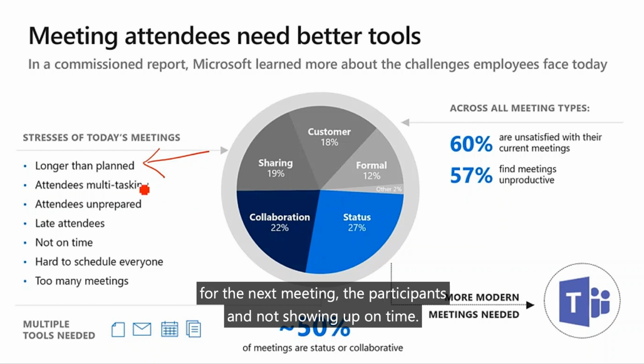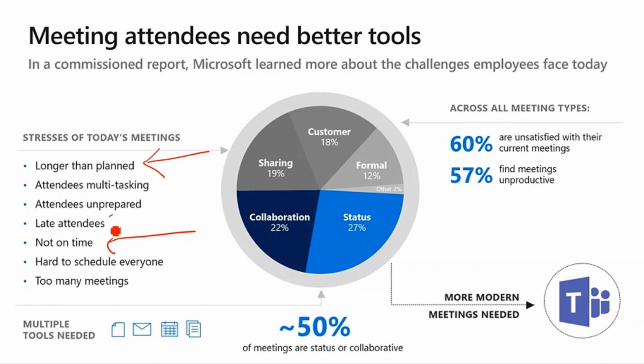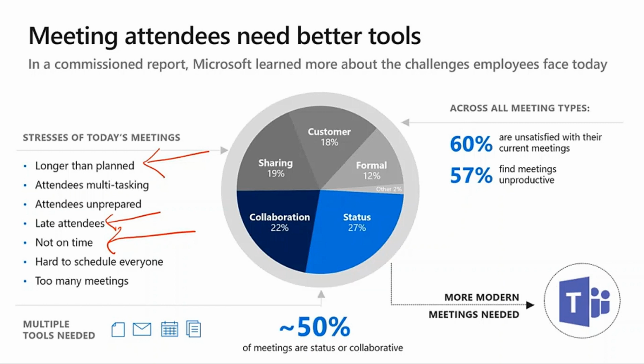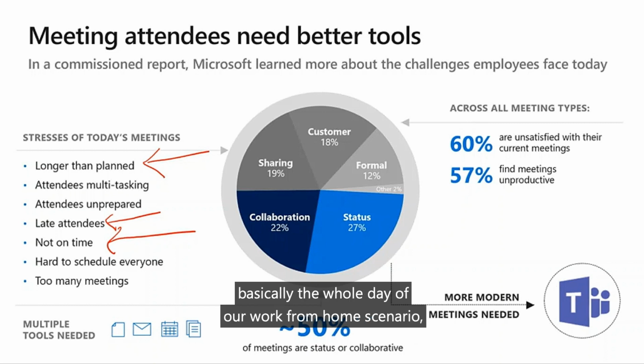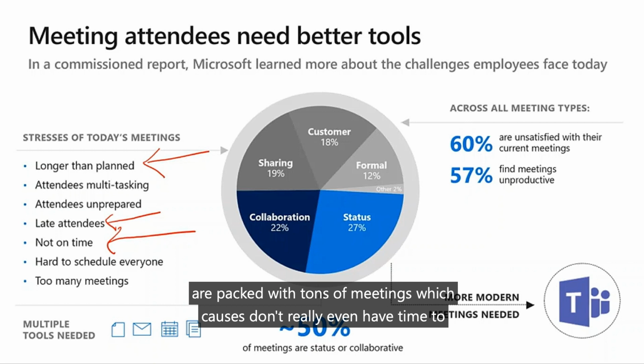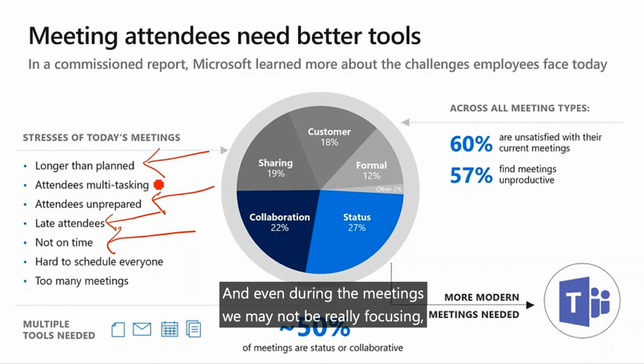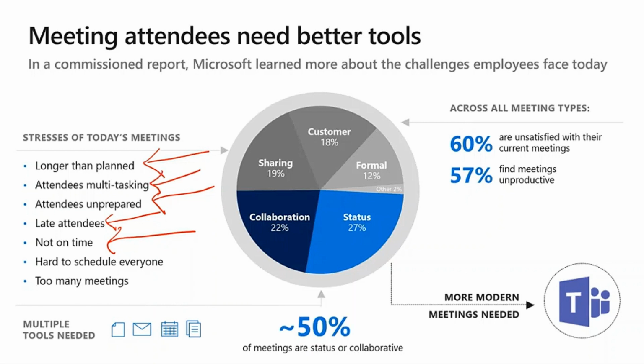For the next meeting, participants are not showing up on time, with many late attendees. Because of that, the whole day of our work-from-home scenario is packed with tons of meetings, and we don't even have time to prepare for meetings. And even during the meetings, we may not really be focusing; we just multitask.